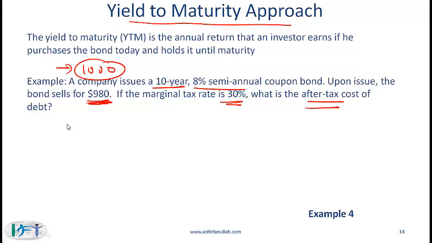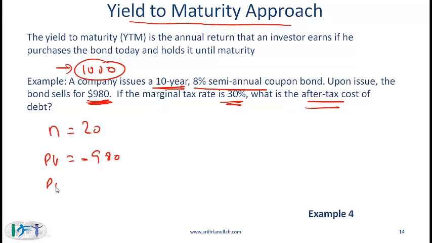The following numbers are plugged into the calculator. N is equal to 20 because we have a 10-year semi-annual coupon bond. The present value, which is the money that the company raises by issuing this bond, is 980. Let's show that as a negative.